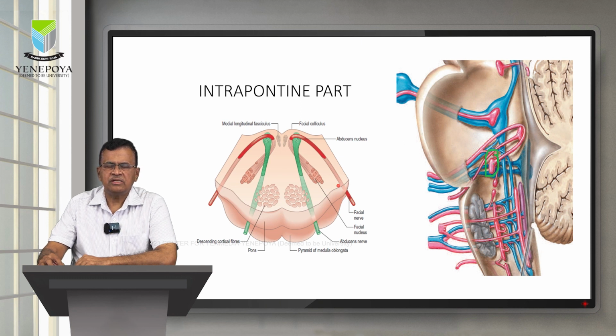According to this phenomenon, the functionally related cranial nerve nuclei within the substance of the brainstem migrate towards each other during embryonic life. So the facial nerve nucleus migrates towards the chief sensory nucleus of the trigeminal nerve, which results in this unique course of the facial nerve within the substance of the pons.